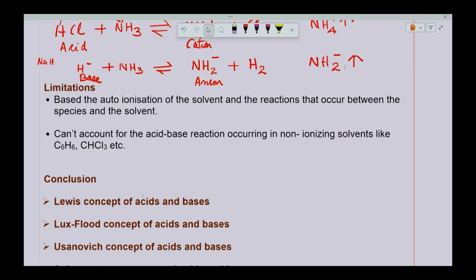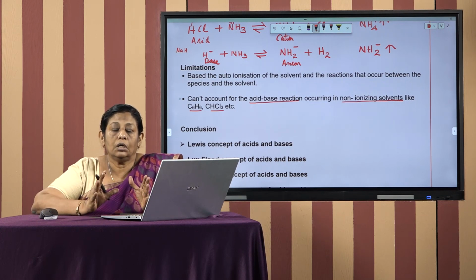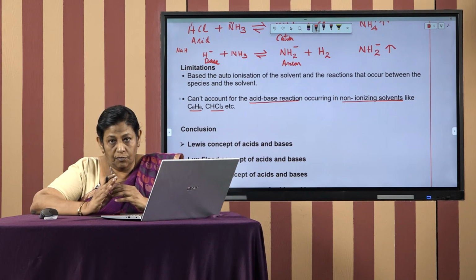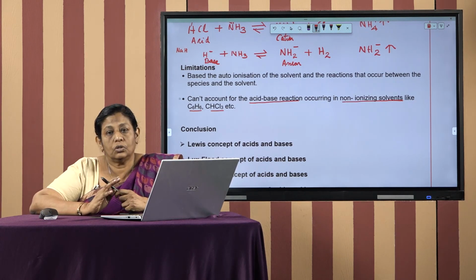It can't account for acid base reactions occurring in non-ionizing solvents. What are those? You can take carbon tetrachloride, benzene, chloroform, etc. These solvents do not ionize. They are non-polar solvents, and therefore in such cases you cannot define an acid or a base, or what an acid base reaction is in such solvents.